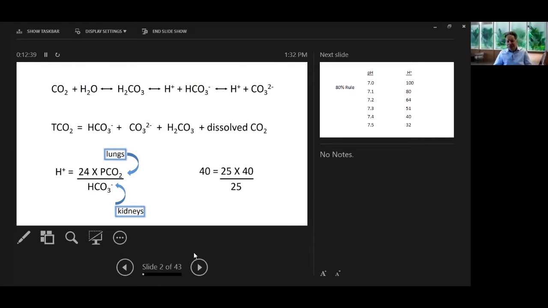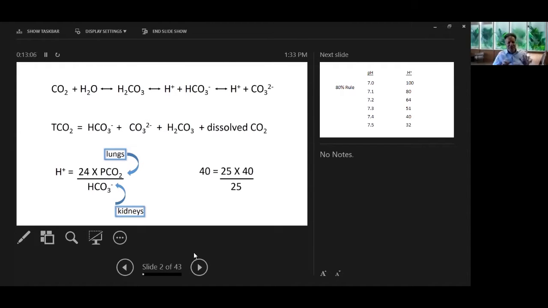Looking at the top of this slide, you see the bicarbonate buffer system, where carbon dioxide and water combine to form carbonic acid, which then breaks up into a proton and bicarbonate, and the bicarbonate can break up further into another proton and carbonate. All these are present in the blood and our cells, at equilibrium throughout our body.